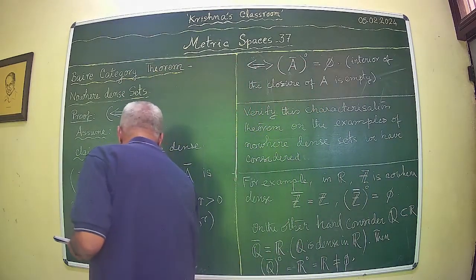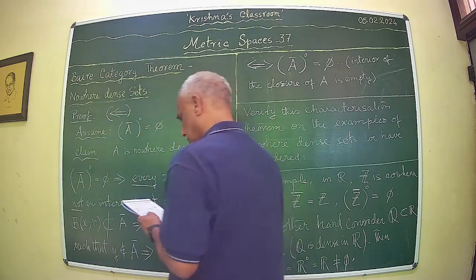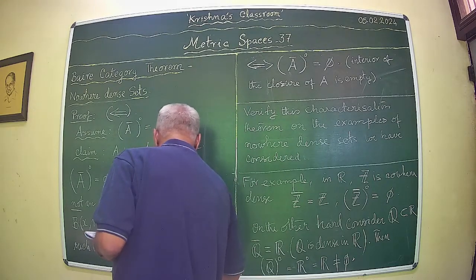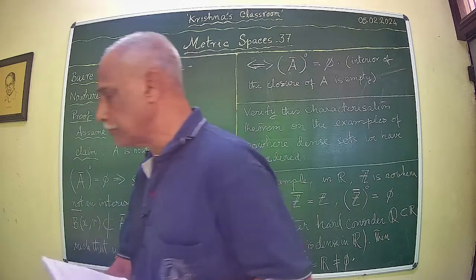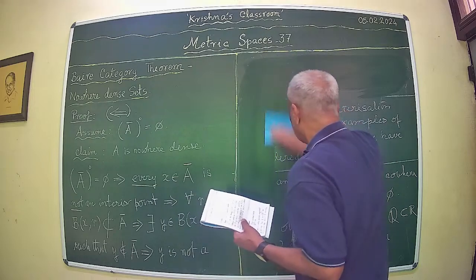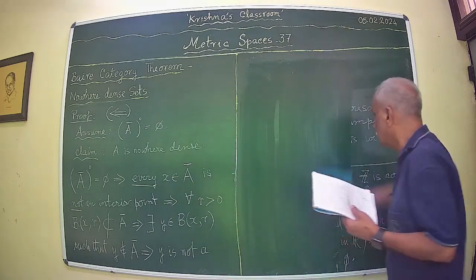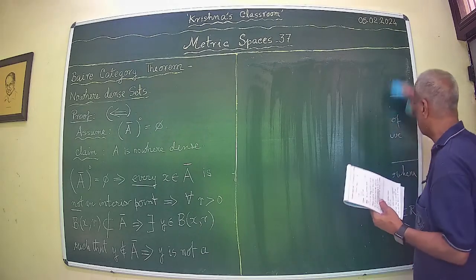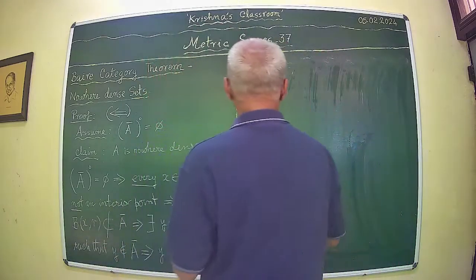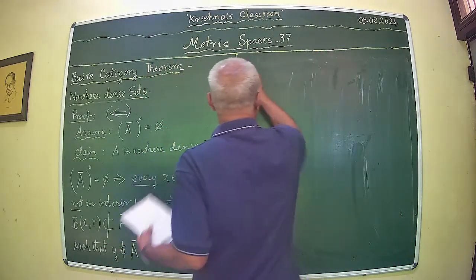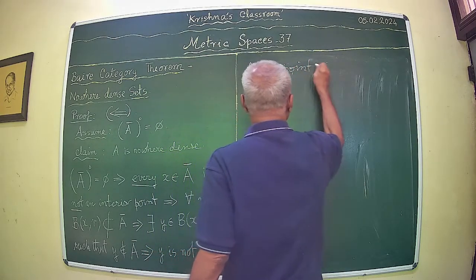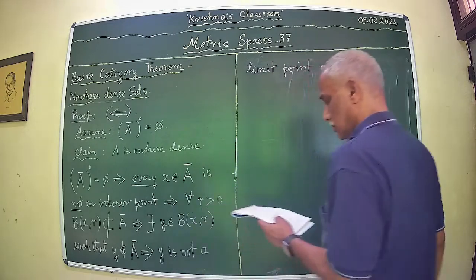Which implies what? y is not a limit point of A. What does it mean?